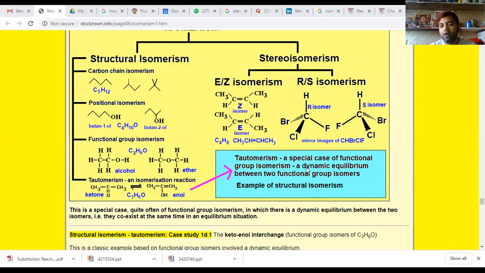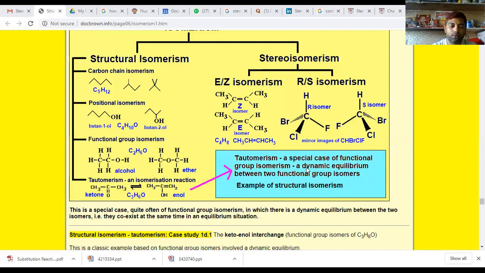It is a special case of functional group isomerism, a dynamic equilibrium between two functional group isomers.